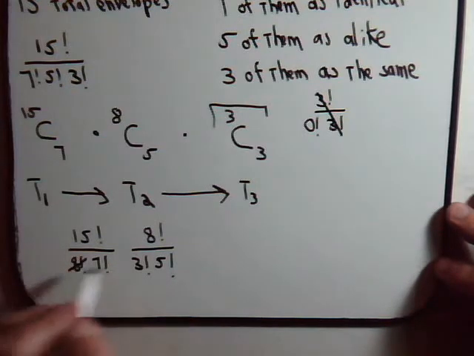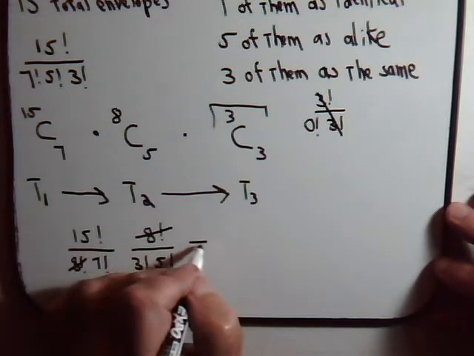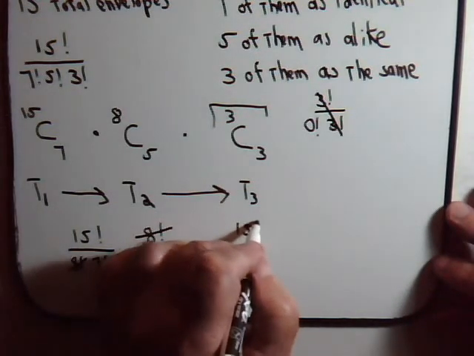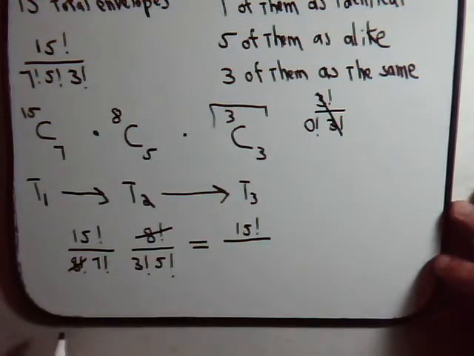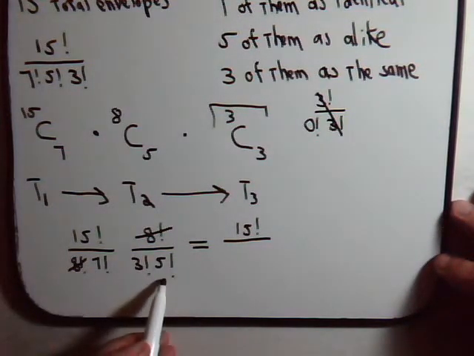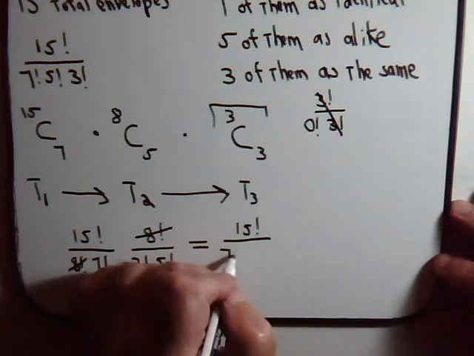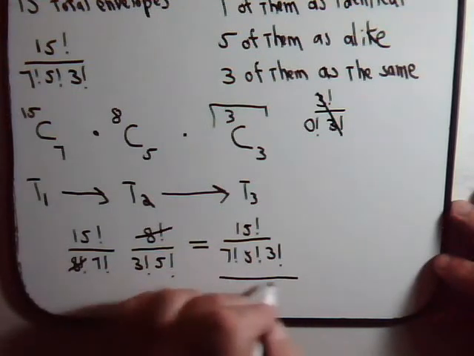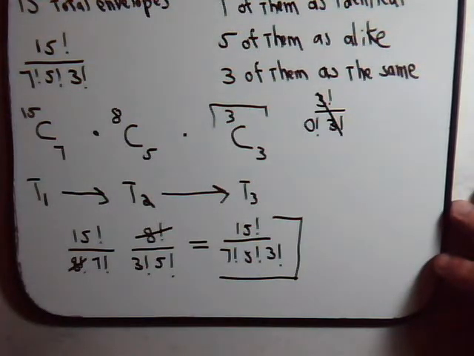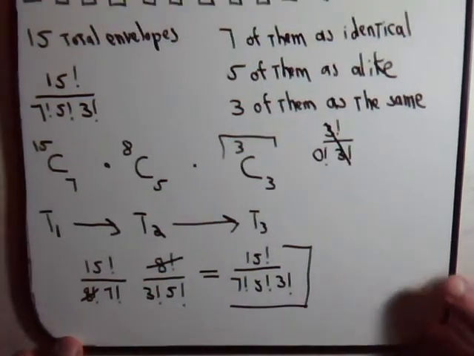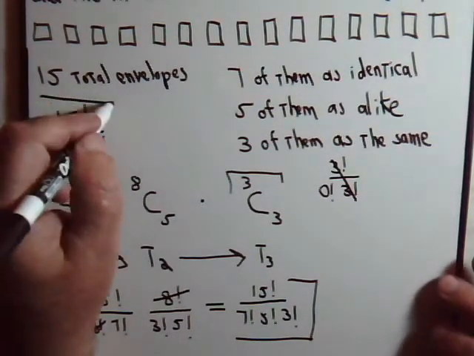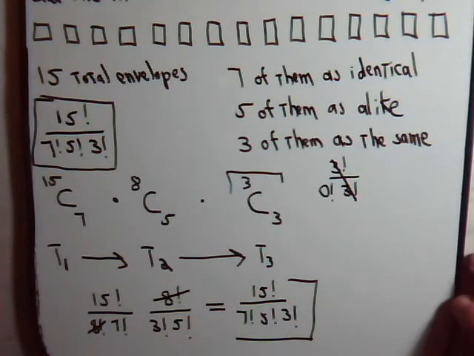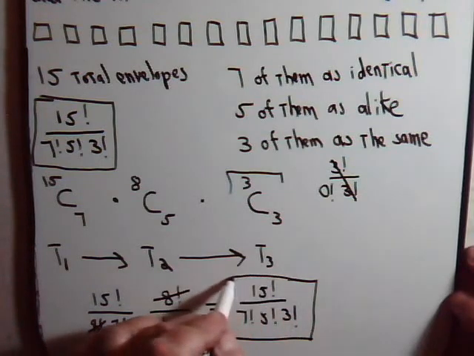And here these cancel, so this comes out to be equal to 15 factorial divided by 7 factorial times 5 factorial times 3 factorial. That's the answer we get using the combination approach, which was exactly the same answer that we obtained using the permutation approach with repeats. Either way, we get the same expression.